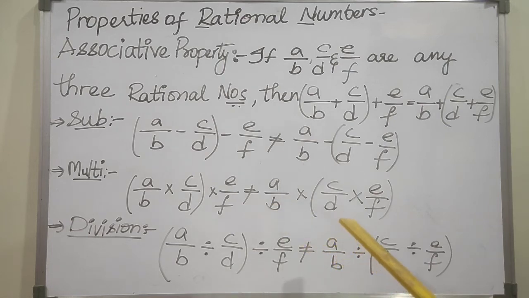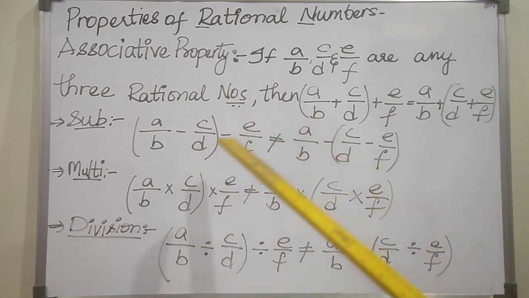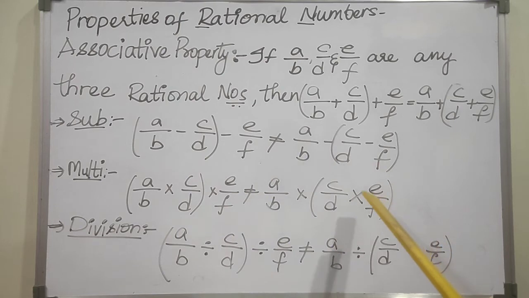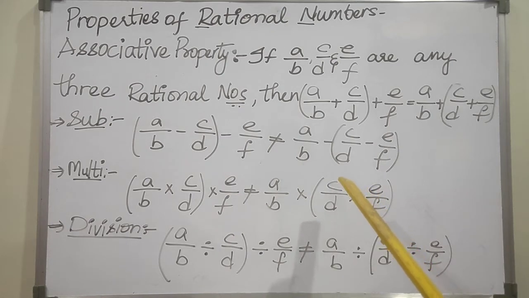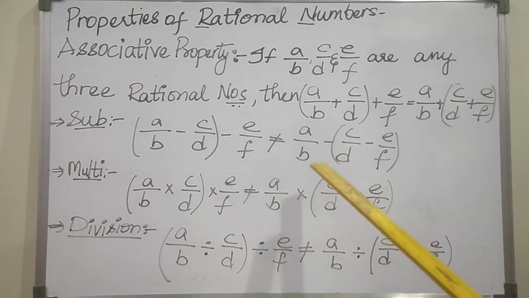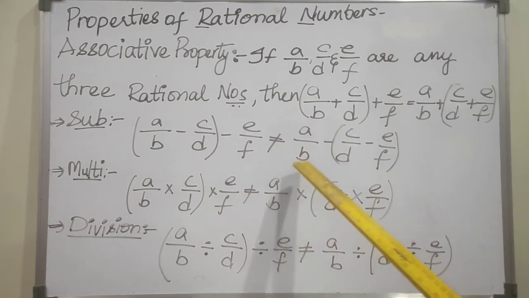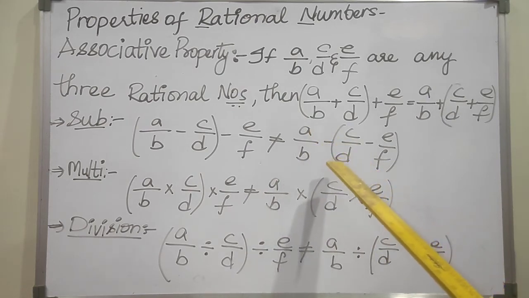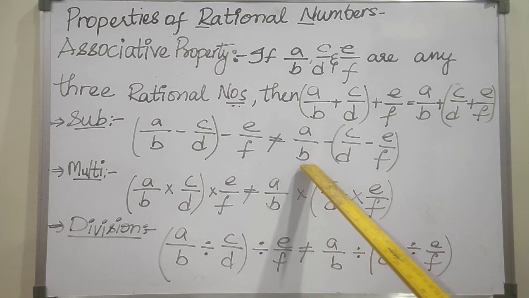Okay. Here the associative property does not hold for subtraction, whether for rational numbers, integers or whole numbers, nothing.